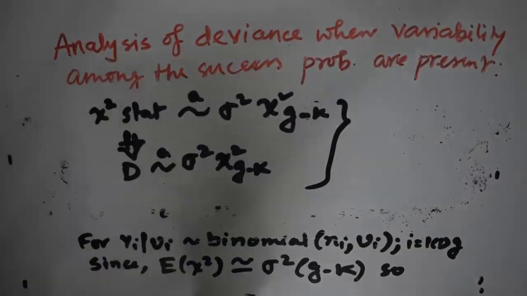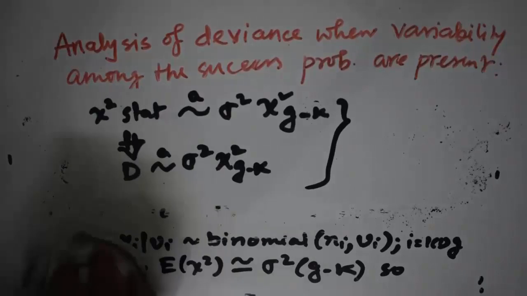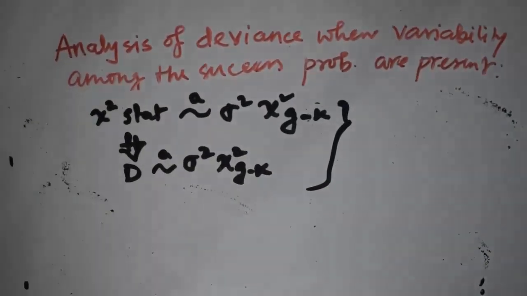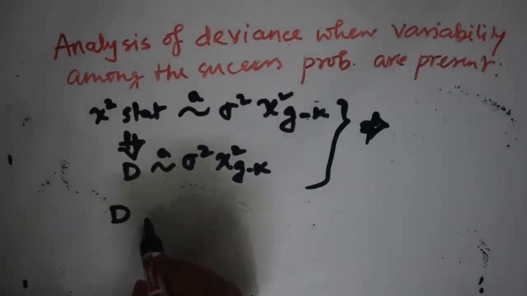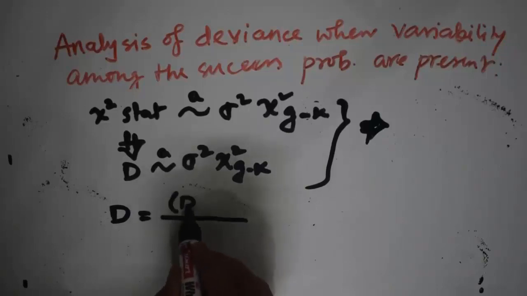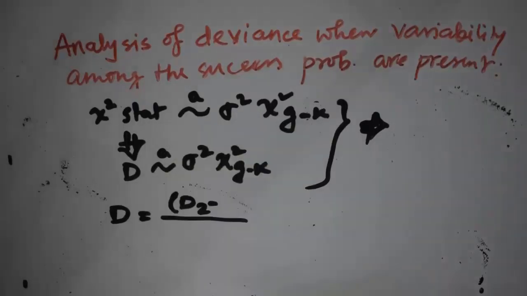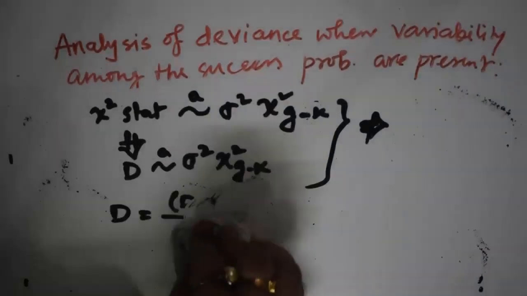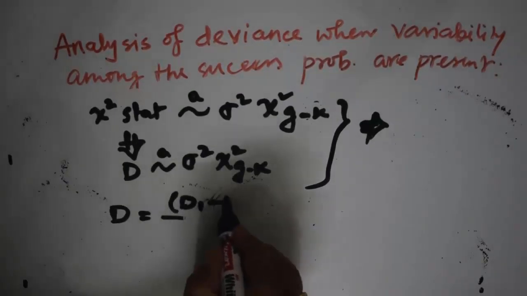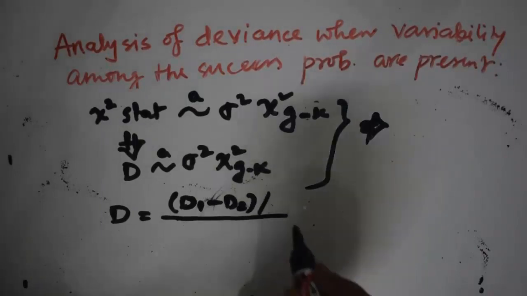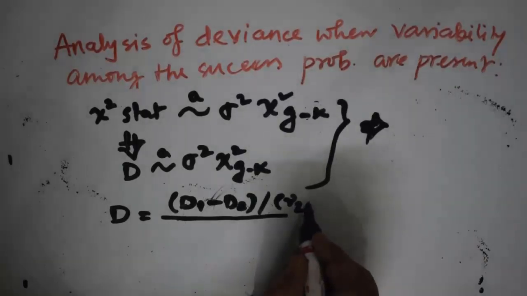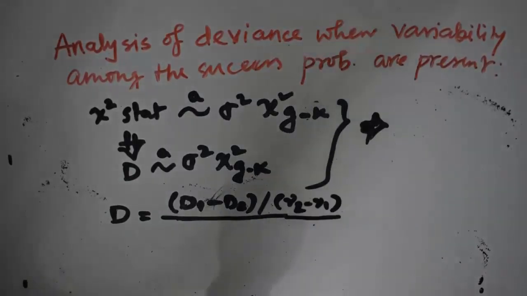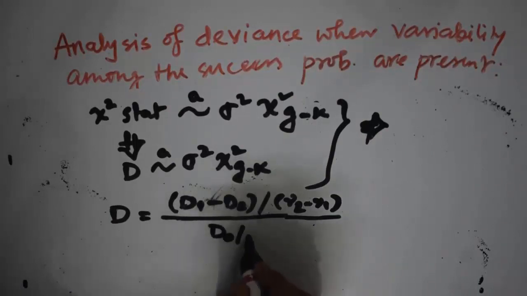So this thing implies D equal to d2 minus d1, sorry, this should be d1 minus d2, by gamma 2 minus gamma 1 divided by d naught by gamma naught.